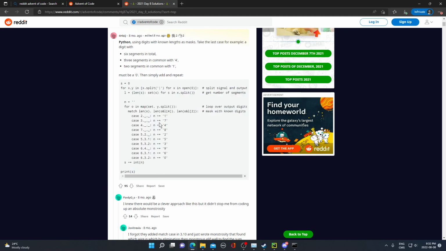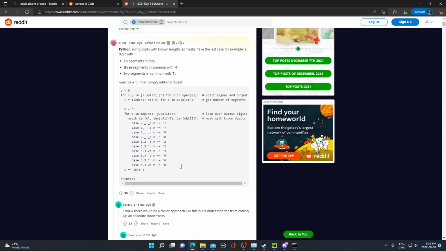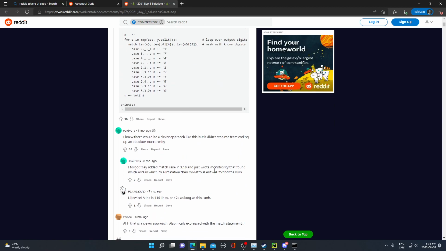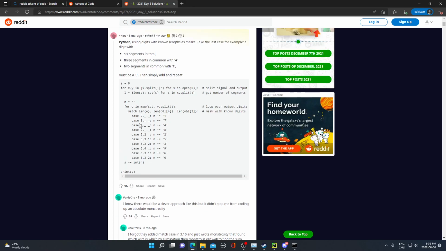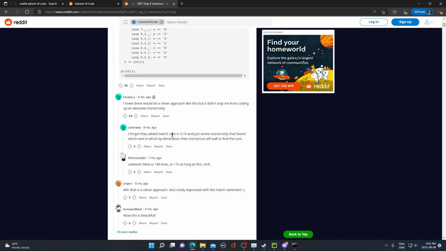I don't know if it's necessarily the easiest to read. What in the world is a match? Which wires are which? I think that's just a smart solution to figure out which wires are which. It's very logical instead of trying to figure out some kind of clever solution here. But it's interesting to know what could be accomplished.